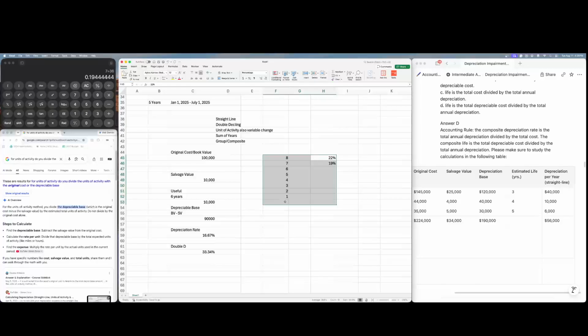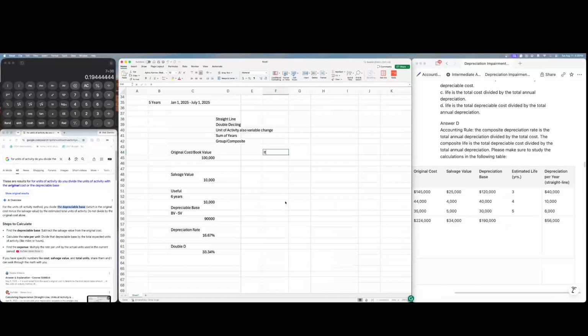And then with group and composite, it's gonna be calculated the same, but with group, you're gonna have items that are very similar. With composite, you can have items that are very different, for different asset types.